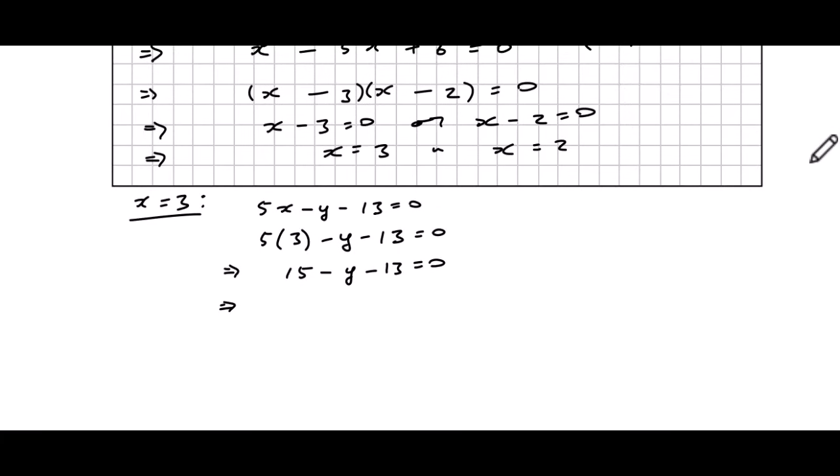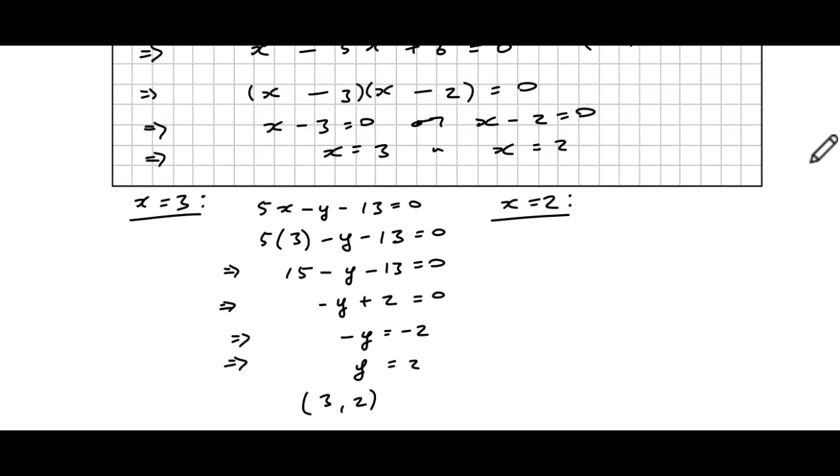That gives minus y plus 15 minus 13 is plus 2 equal to 0. That will give me minus y is equal to minus 2 if you bring the 2 over, or plus y is equal to plus 2. So my first answer here is x is 3, y is 2. That's my first answer.